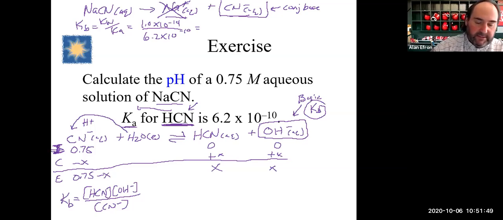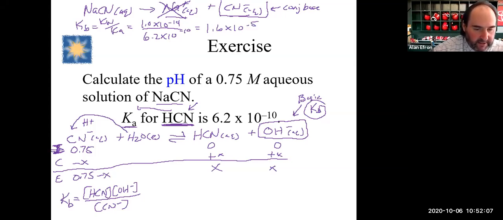And that will get you, looks like, 1.6 times 10 to the minus 5. That would be our Kb value here.